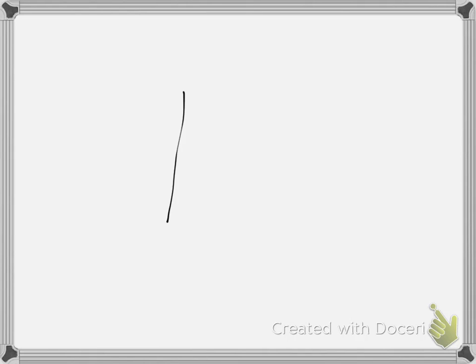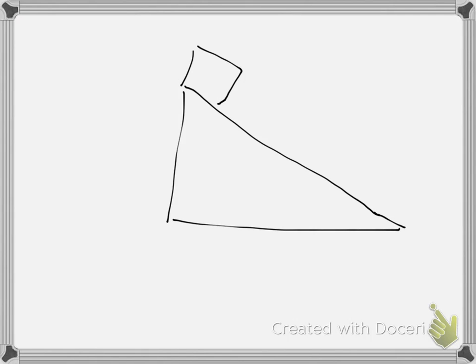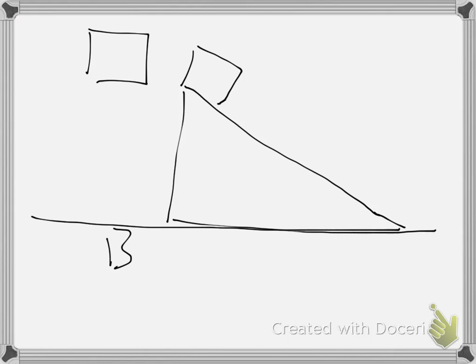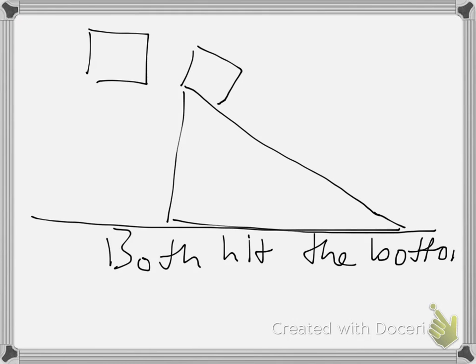If I have a block sliding down a ramp, and I release a block from the same height above the ground, both hit the bottom, or the ground, at the same speed.